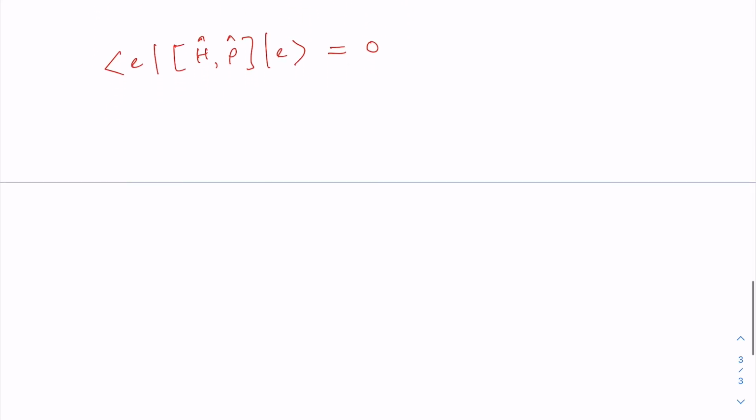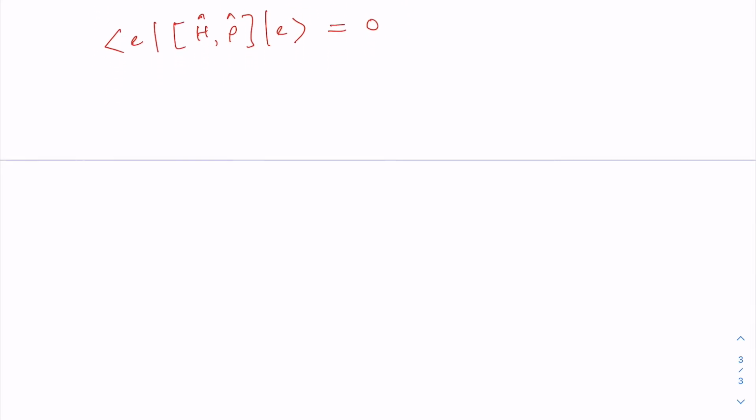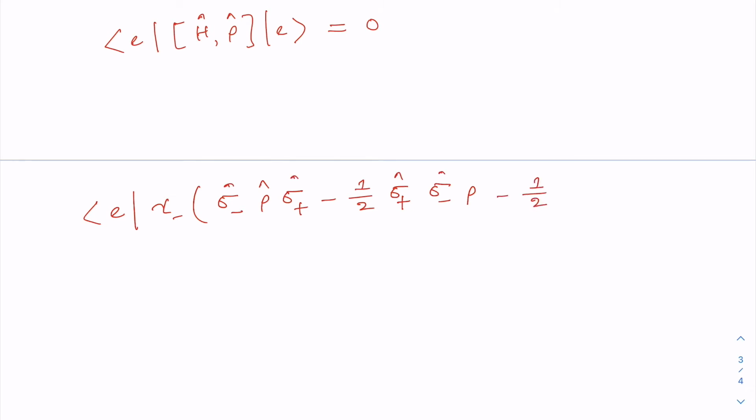Okay, now let us go to the other terms. Now let us calculate this particular term: ⟨e|γ₋(σ₋ρσ₊ − ½σ₊σ₋ρ − ½ρσ₊σ₋)|e⟩.